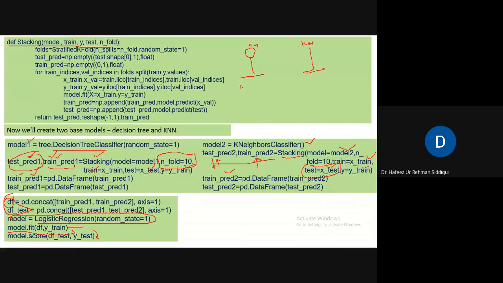Train prediction and test prediction. Combine them into one. These become the features. And then give those features to logistic regression. And then you just give logistic regression the test data, and it will predict it for you.